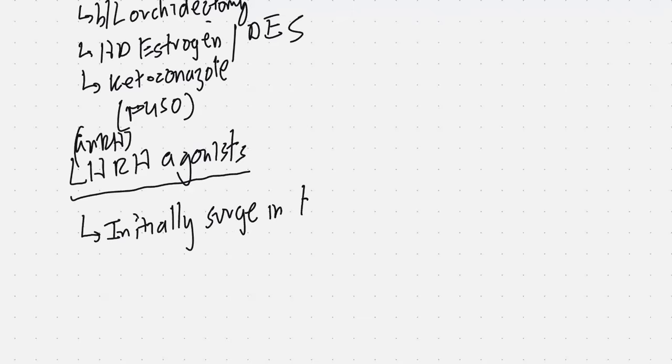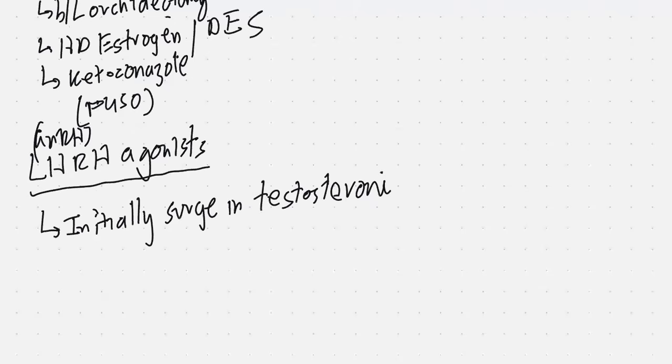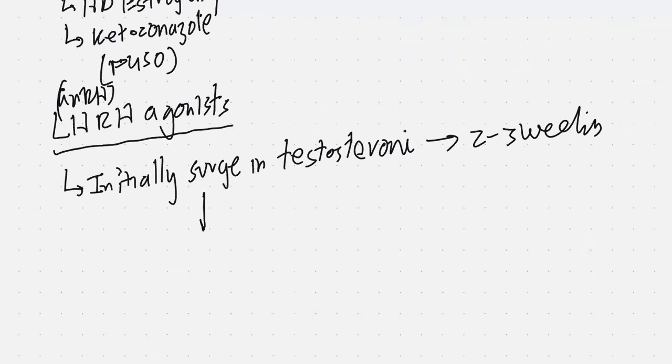And initially, the surge in testosterone is seen for 2 to 3 weeks. And following this initial surge in testosterone, there is feedback inhibition. Because of this huge surge, there is automatic feedback inhibition of GnRH release. Okay. But that will take around 2 to 3 weeks.